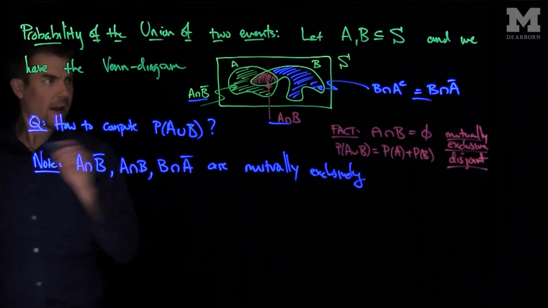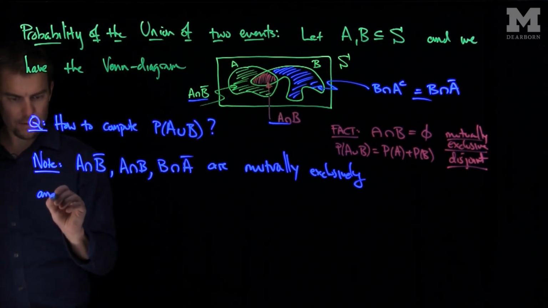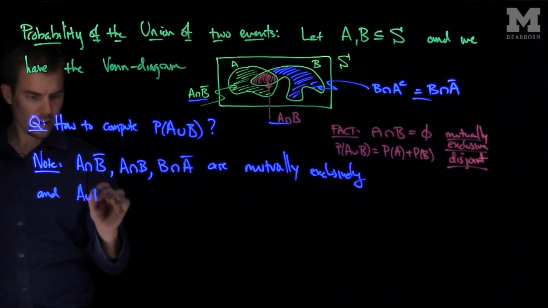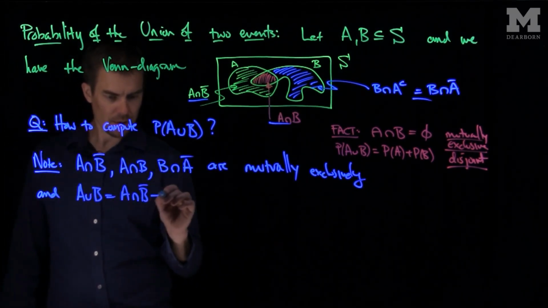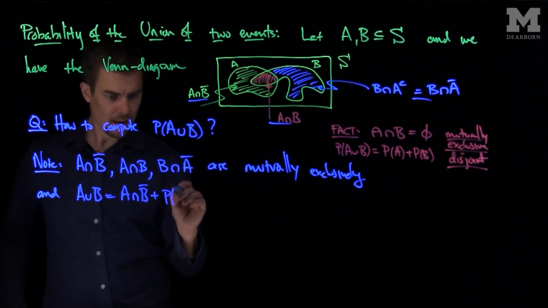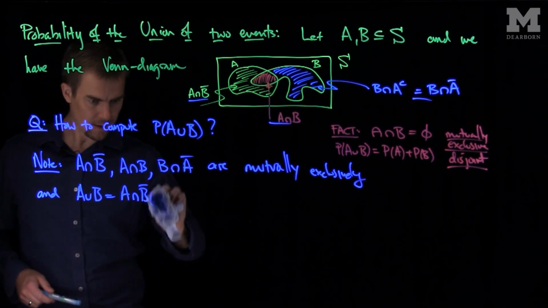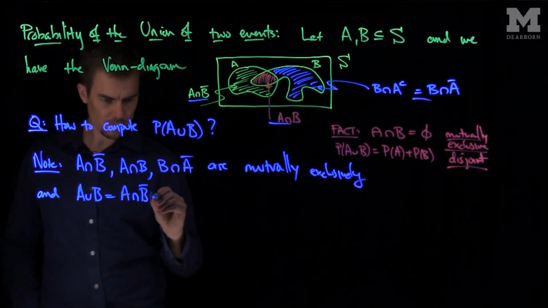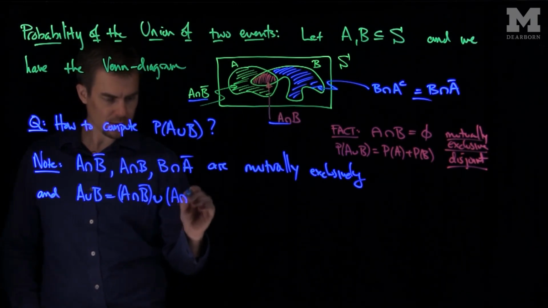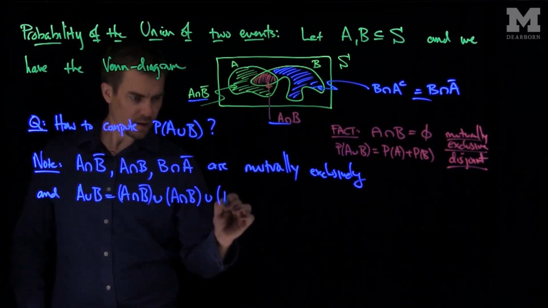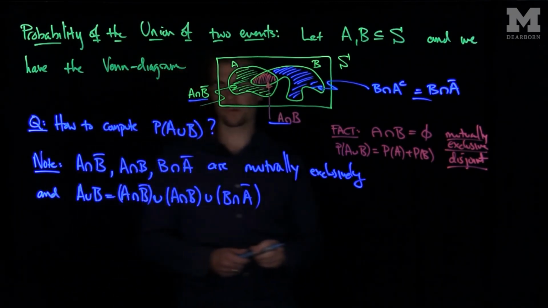And their union is A union B. And A union B is A intersect B complement, union A intersect B, union B intersect A complement.